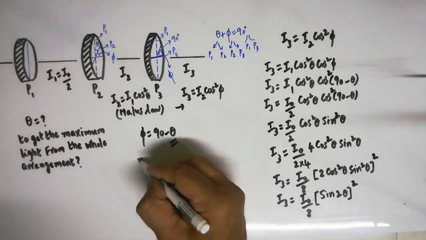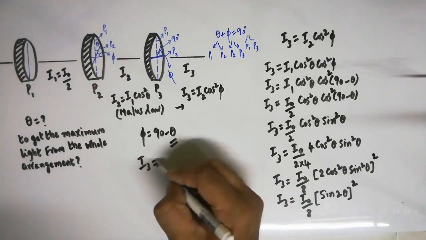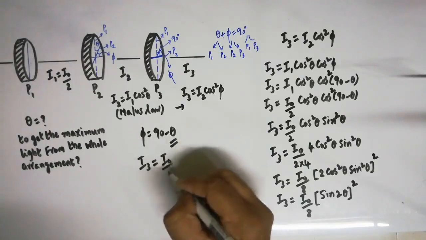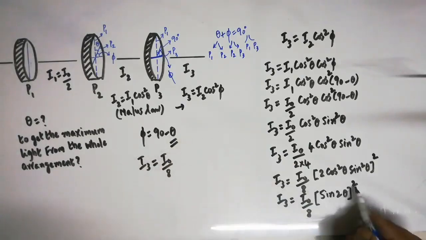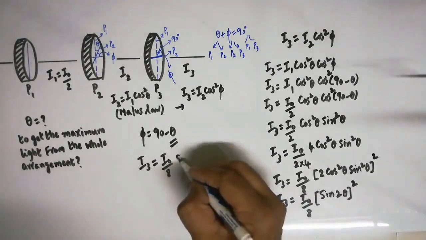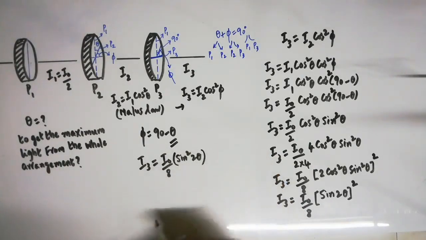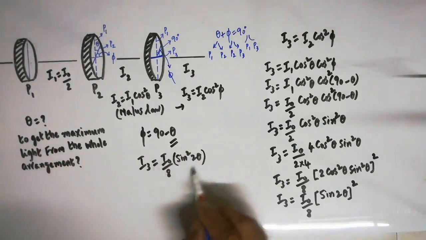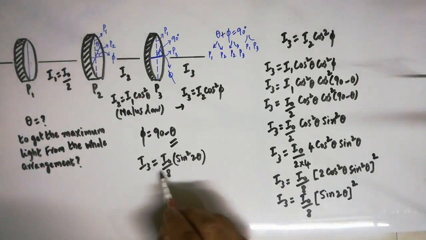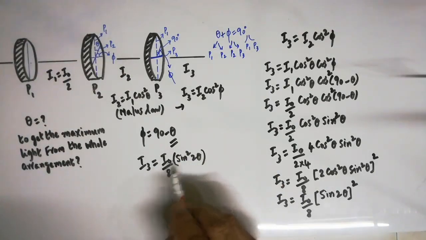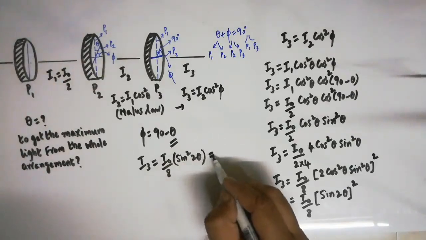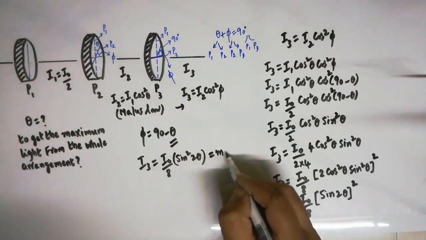After that, how can I3 be written? I0 divided by 8, and here this one could be squared inside. Sin square 2 theta can be written. Are you clear? How does this value become maximum? This entire value I3 must be maximum.